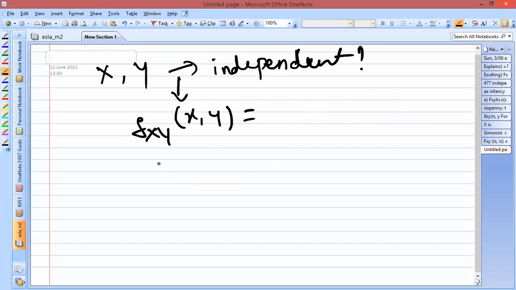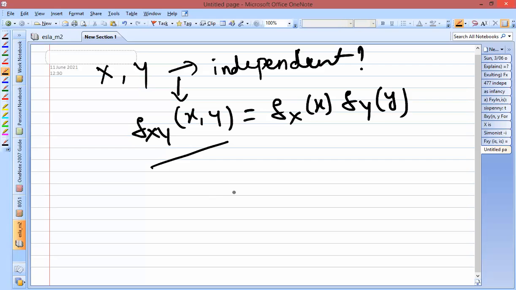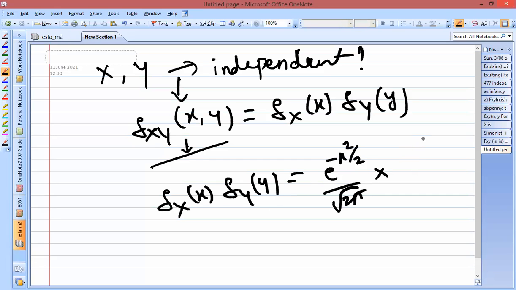Yes, very good. fxy of x comma y is already given in the problem. That is nothing but 1 by 1.4283 pi with exponential terms in there. So now we have the equations for fx of x and fy of y also. What is the equation of fx of x that we have derived? e to the power minus x square by 2 by root 2 pi, and fy of y is e to the power minus y square by 2 by root 2 pi.